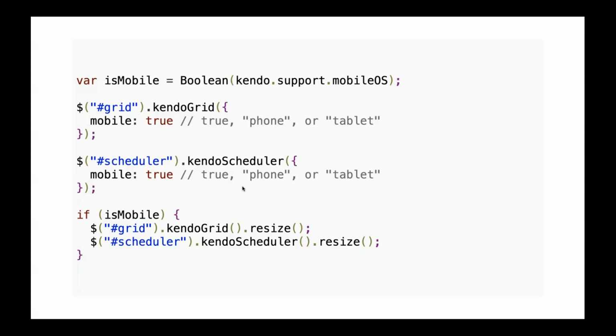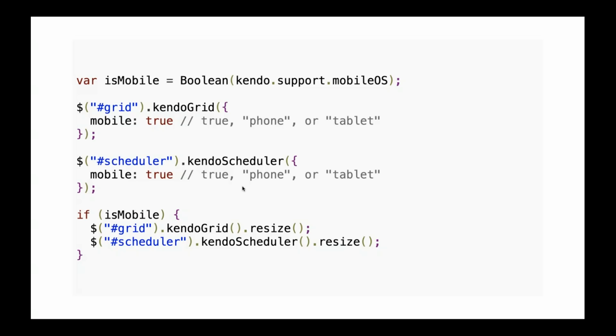This is a Boolean value that we can use to determine if you're actually rendering out on mobile. There are other APIs you can call as well. If you want to do a Boolean check to see whether or not we're in a mobile viewport, you can do that, and then call resize on the control after it's been configured to incorporate the adaptive rendering.